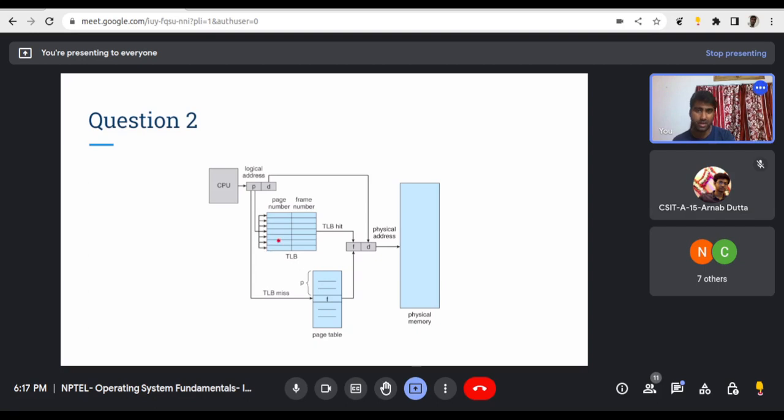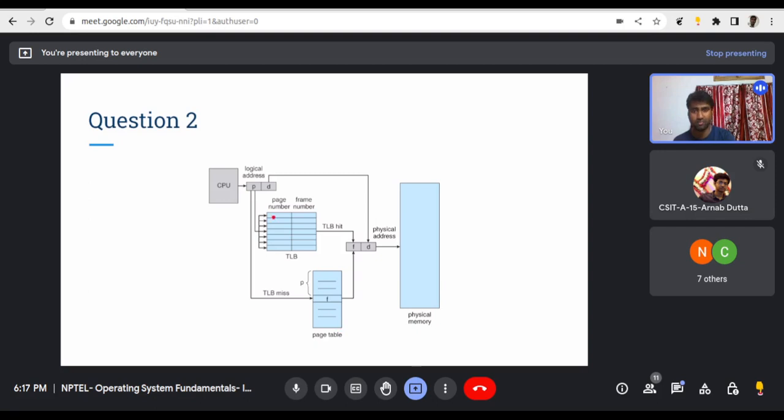Since this is not stored sequentially as in the page table, there can be random pages and random frame numbers corresponding to it. So we need to store both the page number and the frame number here. It is not sequential as in the original page table, since random entries may be put in there.